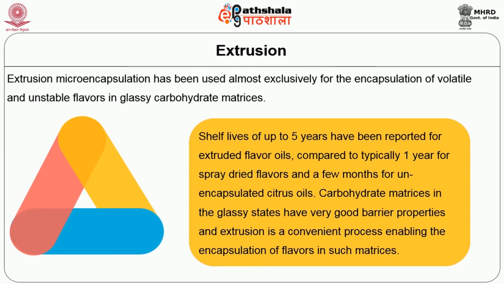Shelf lives of up to 5 years have been reported for extruded flavor oils compared to typically 1 year for spray dried flavors and a few months for unencapsulated citrus oils.